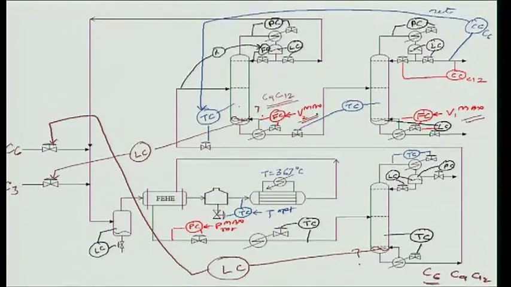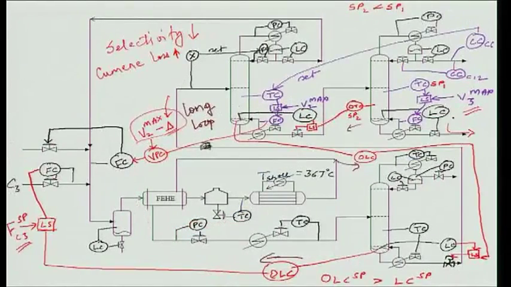In the previous case, one of the economic constraints, which was V3 max, was controlled using overrides, and the other economic constraint, which was V2 max, you had to have back off there. And why did you have to have back off there? Because this loop out here was a long one.